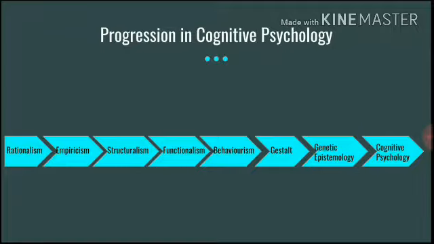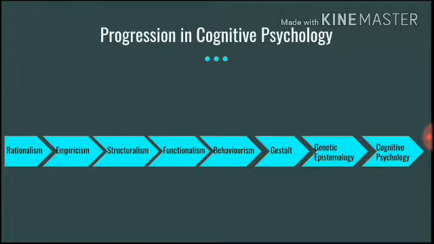Now, coming to what exactly structuralism is. Structuralism began with William Wundt in around 1879, the 1880s, where William Wundt gave a lot of emphasis to introspection. Yes, and I'm sure most of you know what introspection actually is, right?